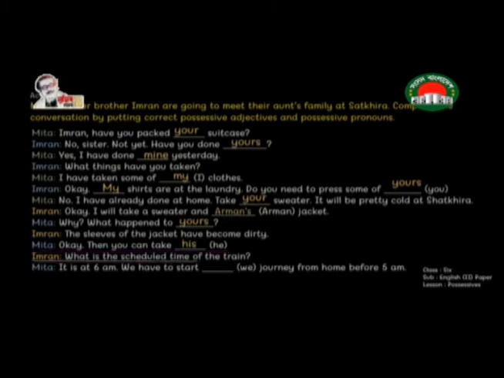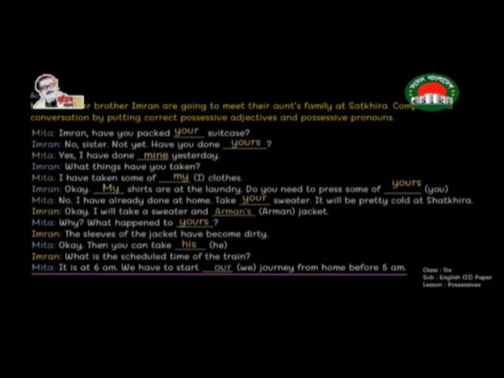Imran is saying, what is the scheduled time of the train? Mita is answering, it is at 6 a.m. We have to start dash journey from home before 5 a.m. That means we need to make the possessive adjective of we. The answer is our.